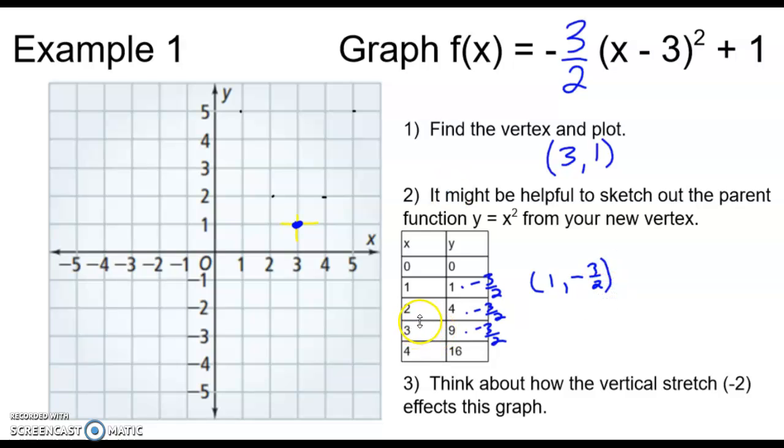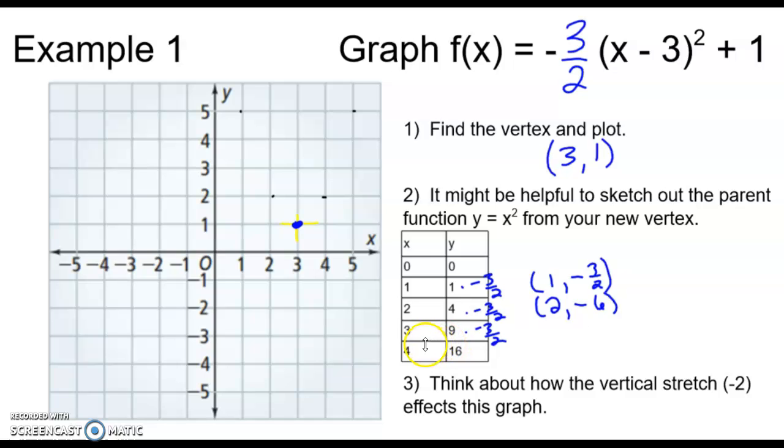The next point, the y was at 4, so 1.5 of 4. At 2, normally I'd go over 2 and up 4, but since I'm vertically stretching this by a factor of -3/2, that would end up being -6. 1.5 times 4 would be -6.